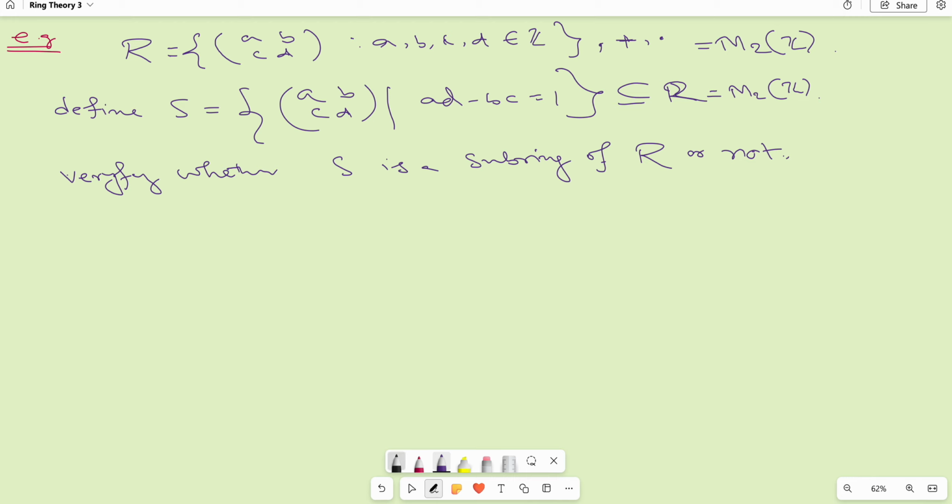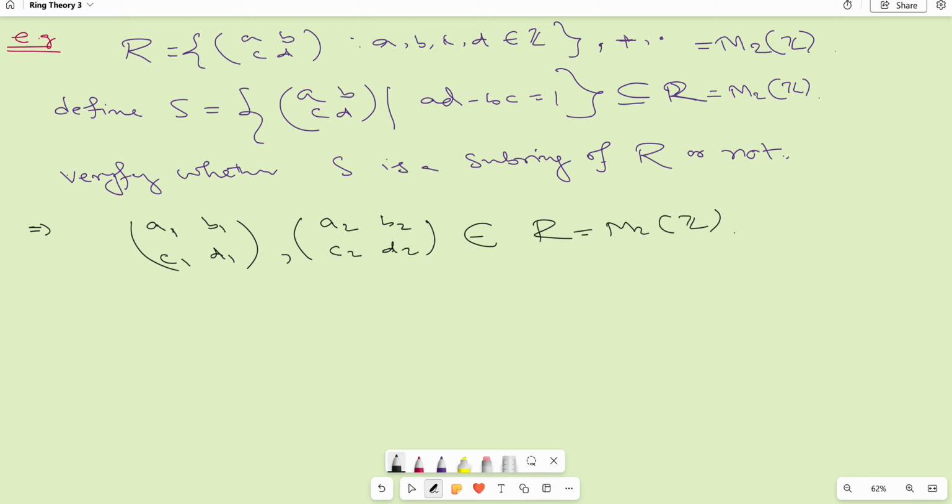So let me verify. You have to check just two properties. The first one says that a minus b is in S. You take two elements, suppose a1 b1 c1 d1 and a2 b2 c2 d2, members of R, which is M2 over Z. Suppose this is a, suppose this is b.